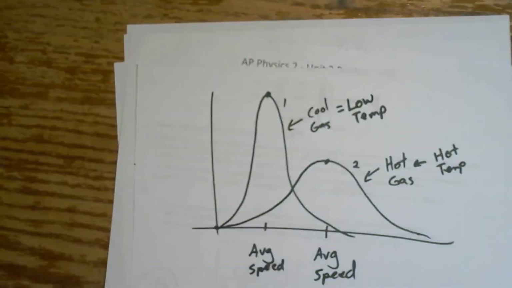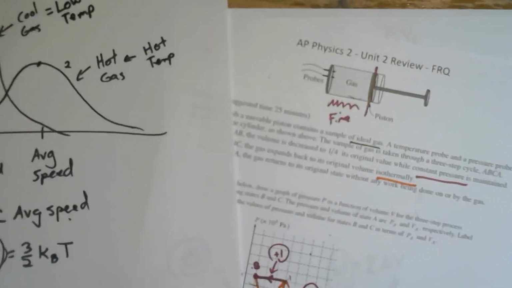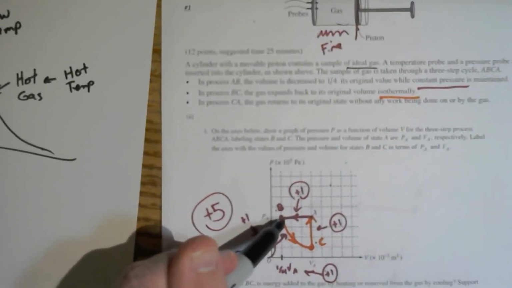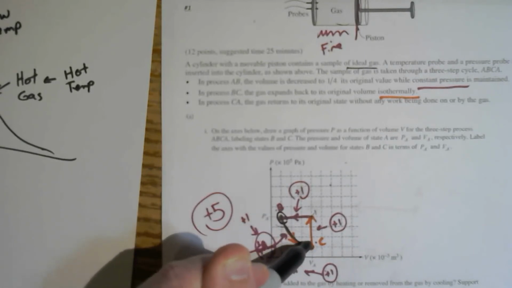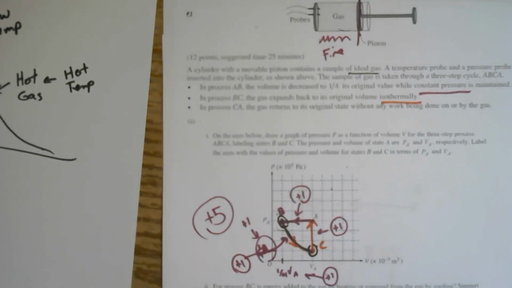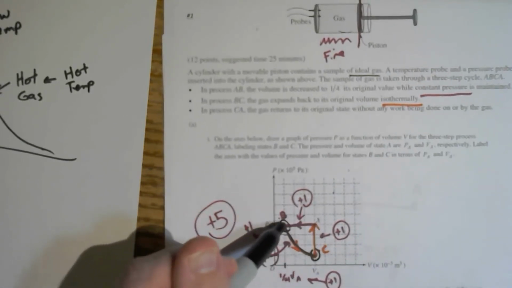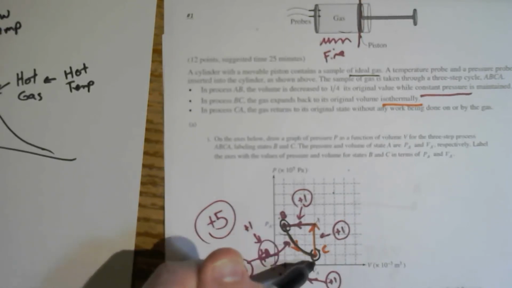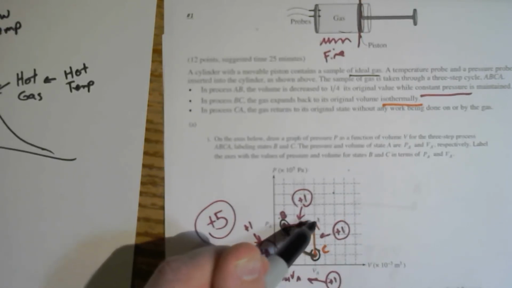Well, since B and C are on an isothermal line, that means the temperature of B and the temperature of C are the same. Okay, well, are these temperatures hotter or cooler than the temperature of A?